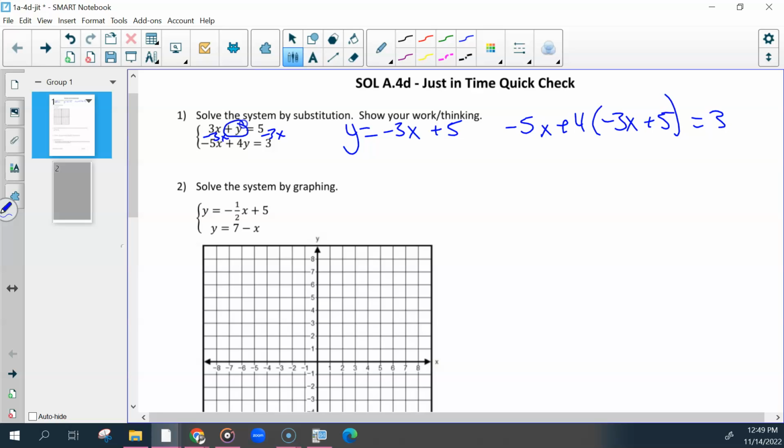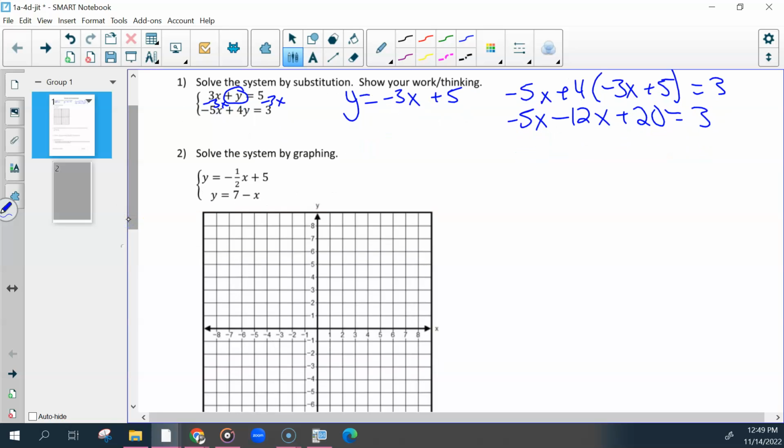So distribute. And then solve for x. So I'm going to combine these and move this at the same time. This one should have an x. And then divide both sides by negative 17.